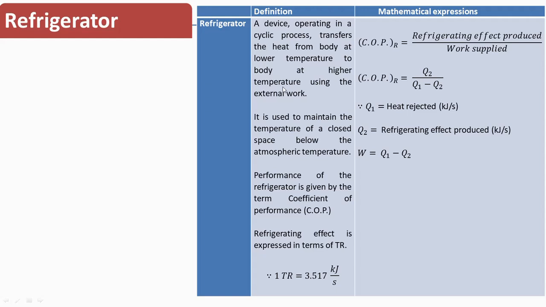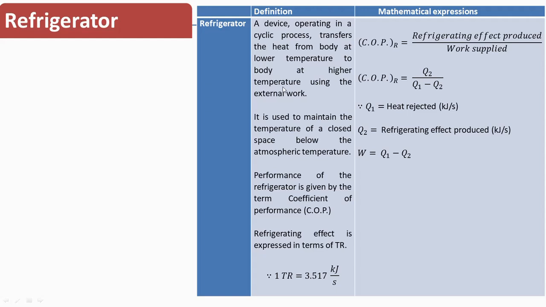Likewise, in the case of the heat engine, we measure performance using efficiency; in the case of a refrigerator, we measure it with the coefficient of performance. And the refrigerating effect, or cooling effect, or heat absorbed, is measured in terms of ton of refrigeration, known as TR.